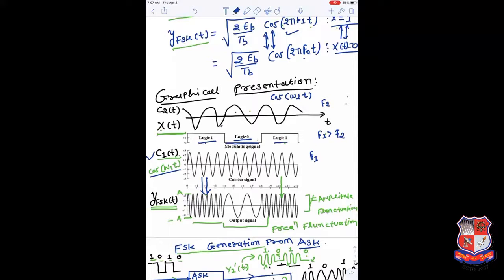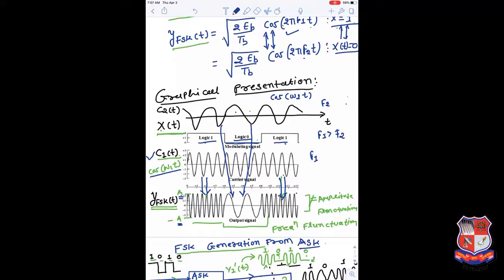So this one has been transformed here. When there would be again logic 1, we will go with the carrier signal C1 of t. So you can notice here the amplitudes are constant. That would be a peak amplitude A, and a negative peak amplitude of minus A, and the waveform will oscillate between plus A and minus A.